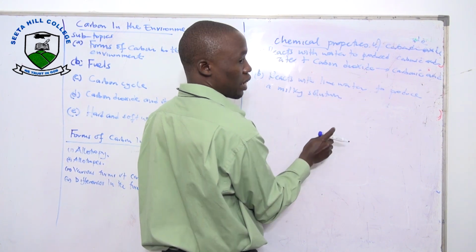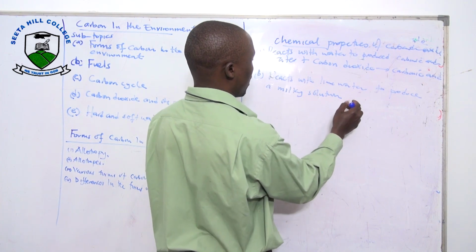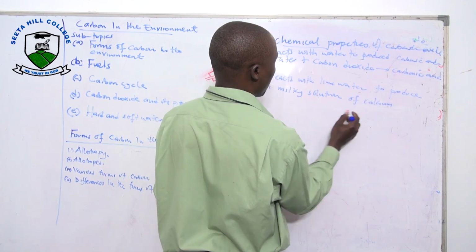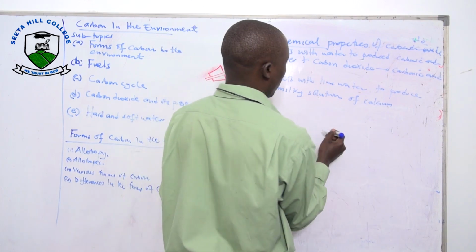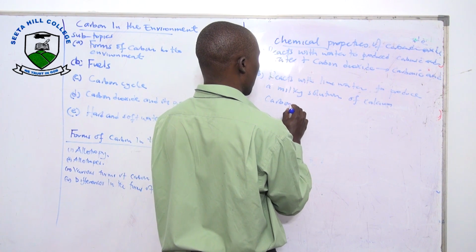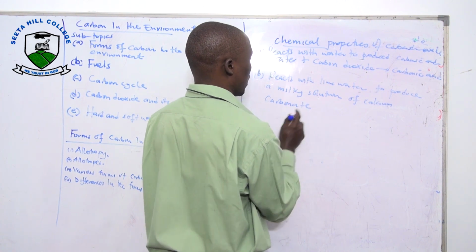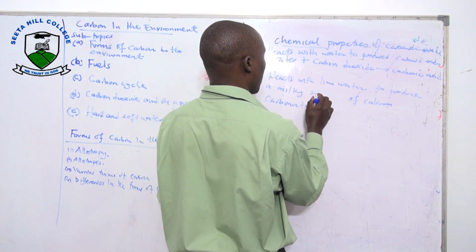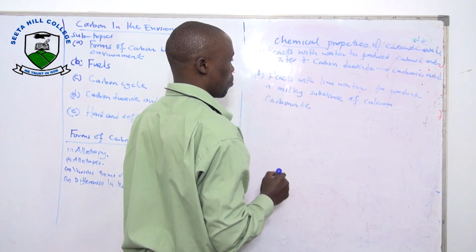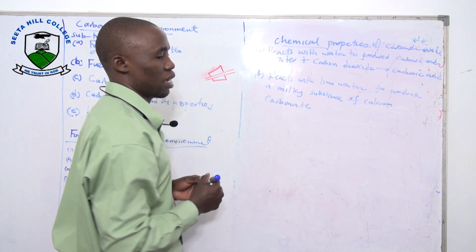Lime water is colorless, it turns milky. The milky substance is called the calcium carbonate.